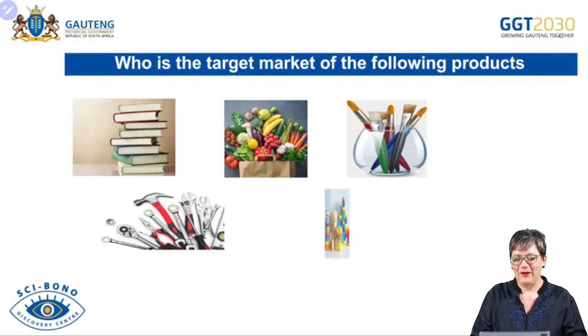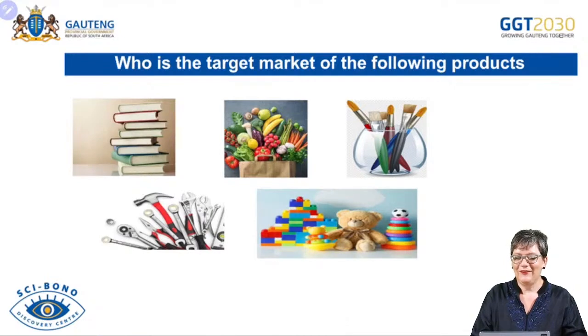Let's look at the last one. Right, so we've got baby toys here. Maybe parents, they would like to buy new toys for their kids, or even grandparents, they would love to buy toys. Always think very carefully when you try to identify the target market.